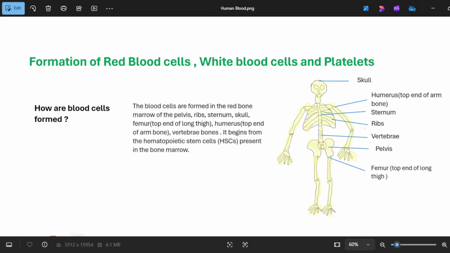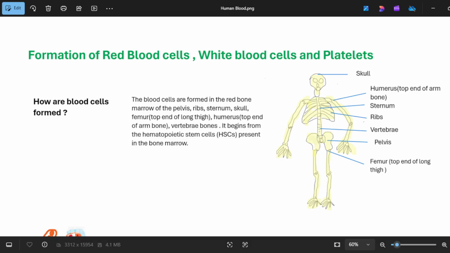So next we will see how the red blood cells, white blood cells and platelets, the other components of the blood, are formed. So these components are formed in the red bone marrow of the pelvis, ribs, sternum, skull, femur, humerus and vertebrae bones. Okay. So these cells are formed in the red bone marrow.